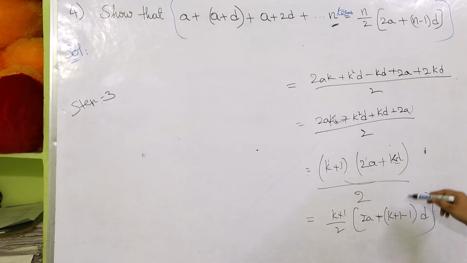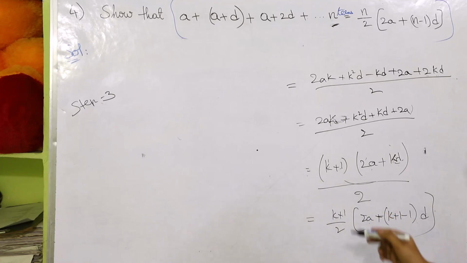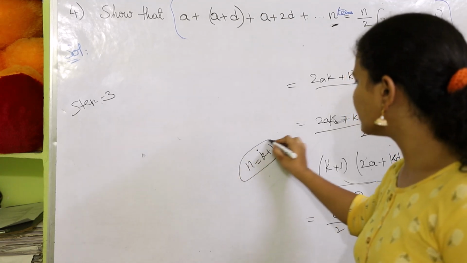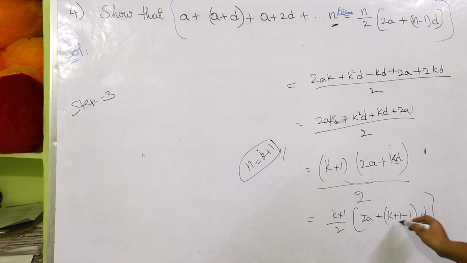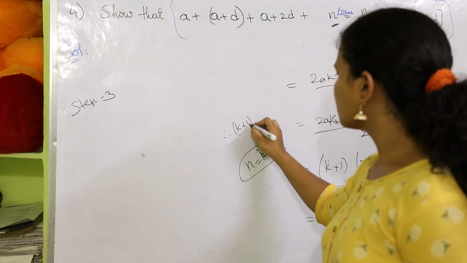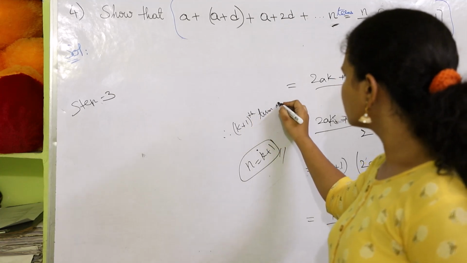So this is completely similar to the RHS side. Here I have considered n equal to k plus 1, the k plus 1th term, so the n value is k plus 1. Therefore I can say the k plus 1th term is true.